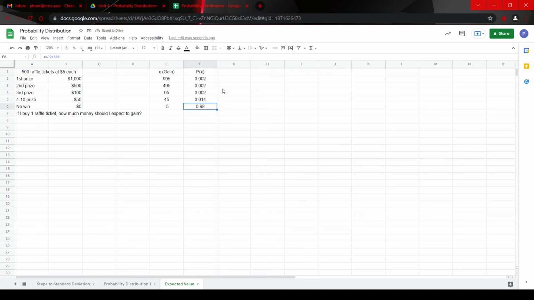The other way you can do this is 1 minus the sum of the rest of them, right? This would give you the same answer. Because if you remember, if we add these all up, let me just check. If we add up all these probabilities, we should get 1. So we can confirm that we did this correctly.